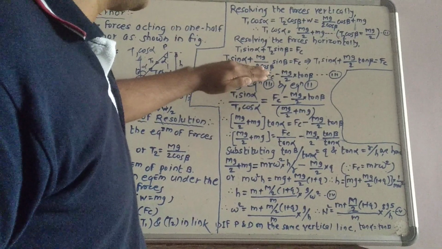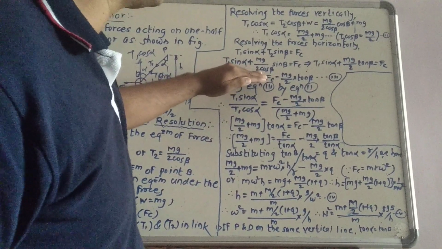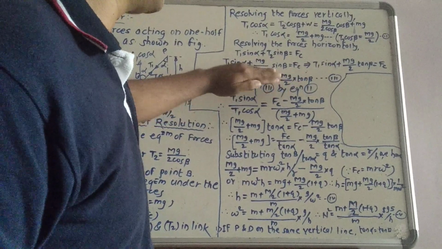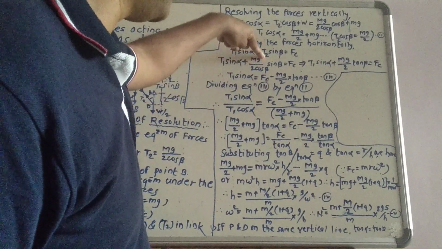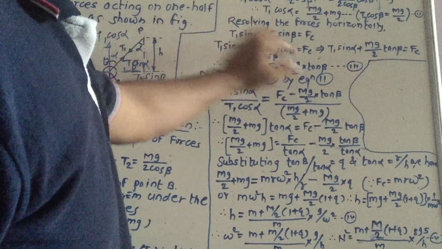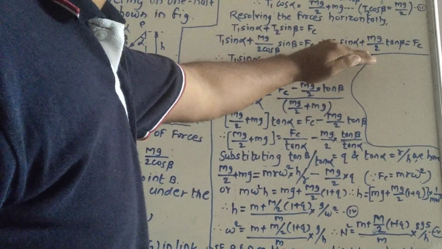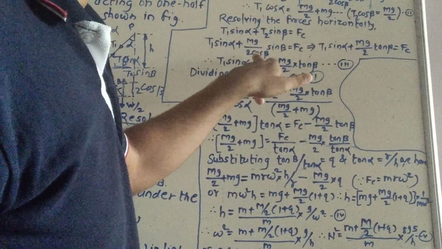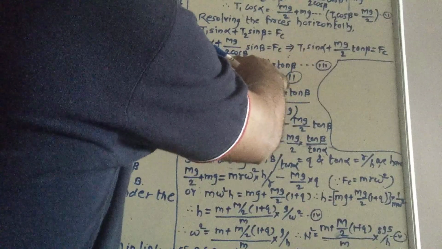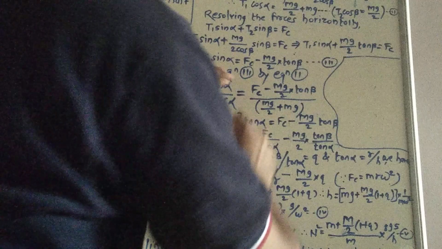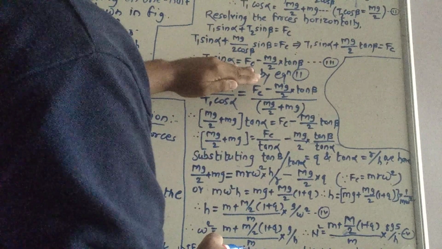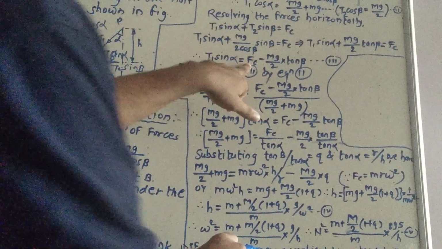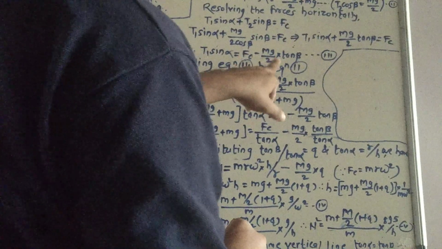Now replace T2 by this term, and we get the modified equation: T1 sin alpha plus Mg by 2 into sin beta divided by cos beta, which is nothing but tan beta, equals Fc. Now you can get the next relation: T1 sin alpha equals Fc, with the other term taken towards the right side, so you can get this relation.